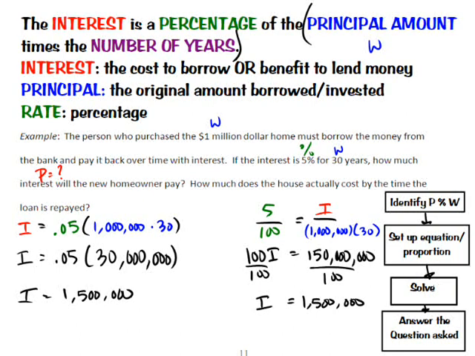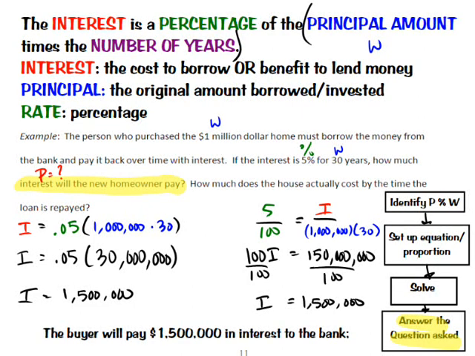So the last step in our flow map, which says answer the question asked, we actually have two questions here. The first one is, how much interest will the new homeowner pay? So the buyer will pay $1,500,000 in interest to the bank. The second question is, how much does the house actually cost by the time you pay back the loan?